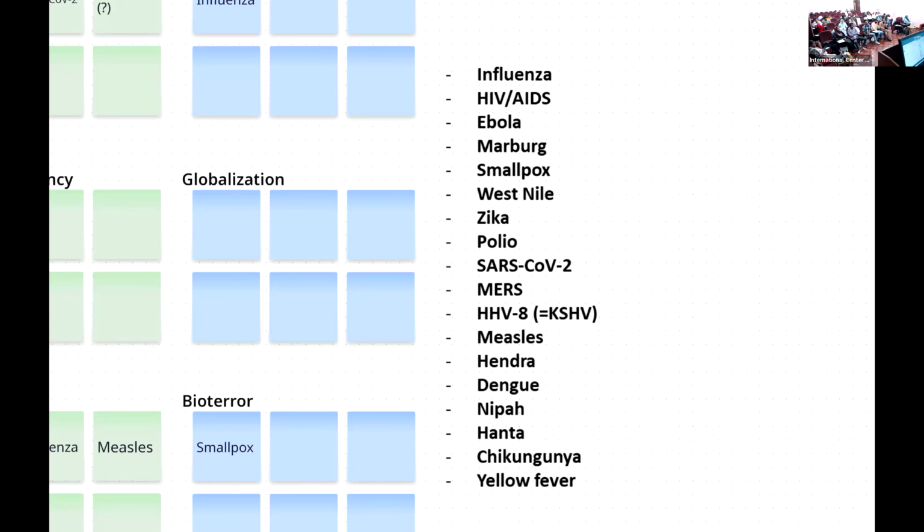SARS, HIV, influenza. Anything else? So what would be the weird risk behavior for SARS-CoV-2, for Ebola, HIV, for the ones that you mentioned? Can you also specify the behavior or the risk? What are the risk factors? Name a specific risk.